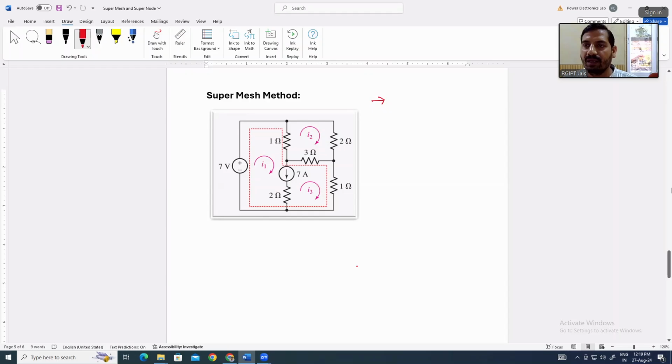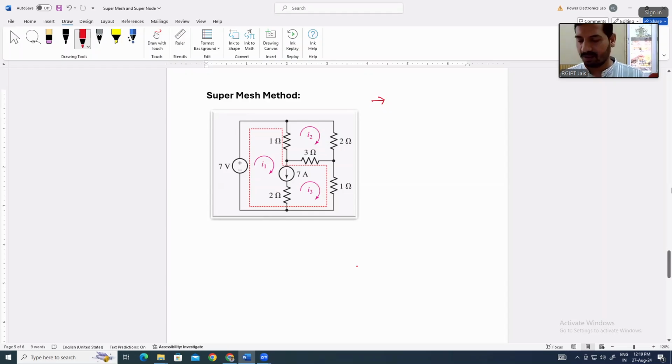Like that, in super mesh, if there is a current source in between two meshes or two loops, then this problem can be solved very easily by using the super mesh method. Very simple.